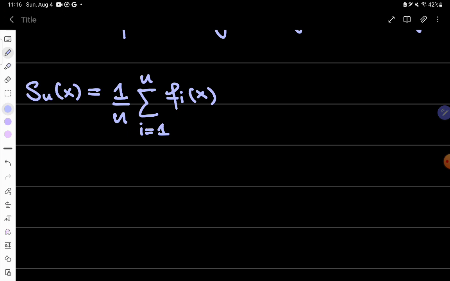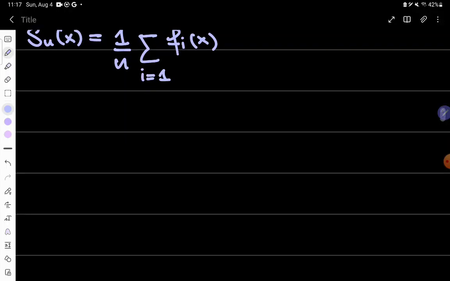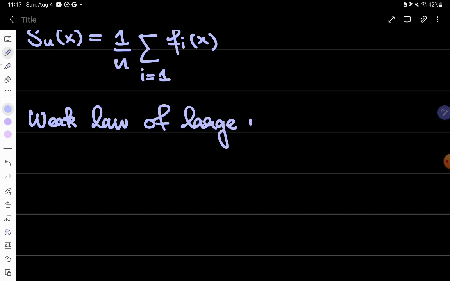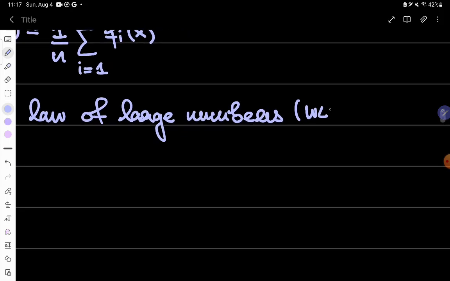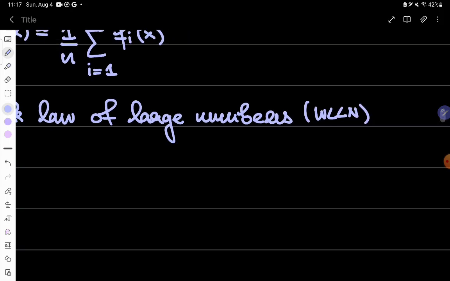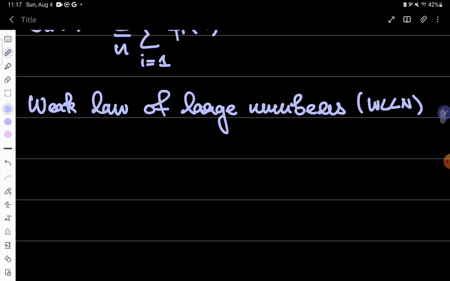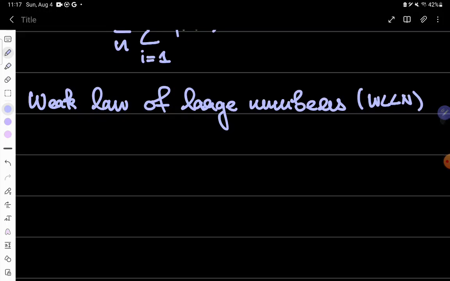That is, the values +1 and -1 are roughly equidistributed. So the weak law of large numbers, I'll call this the WLLN, in contrast to the strong law of large numbers, which I'll introduce in a bit after we prove this.